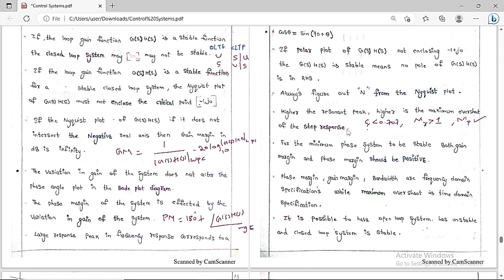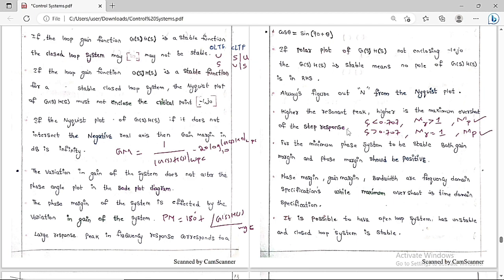Whereas whenever zeta is greater than 0.707, the resonant peak value is equal to 1, whereas the peak overshoot is going to be present.